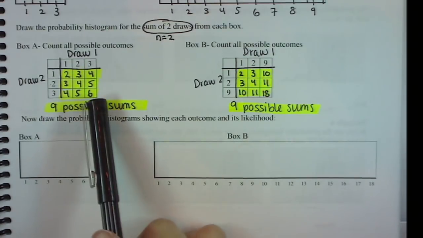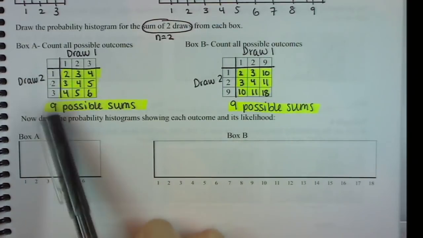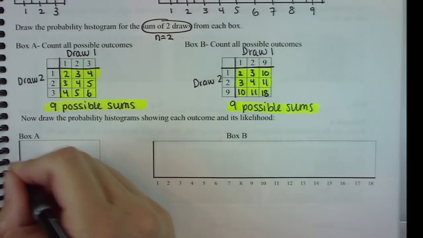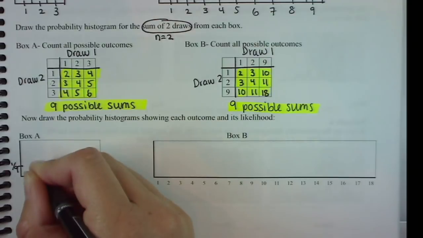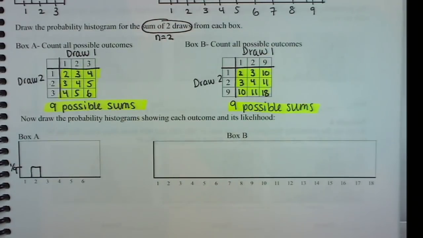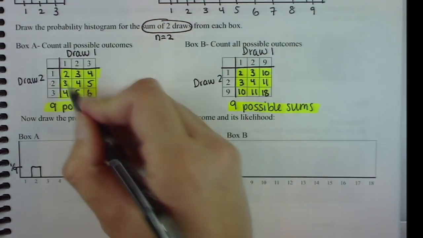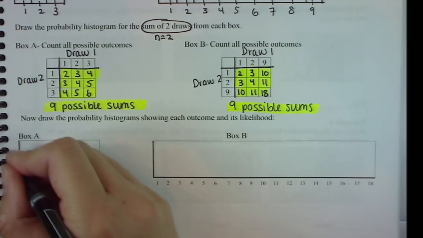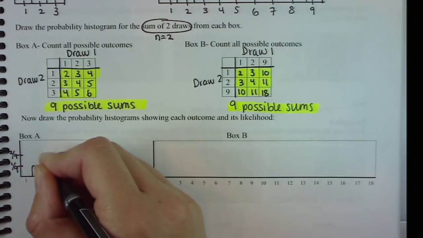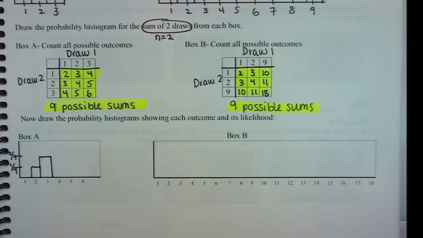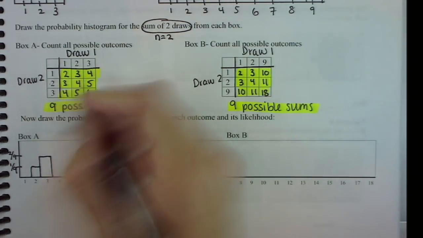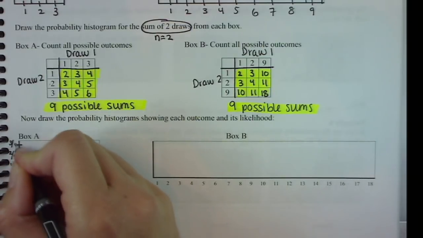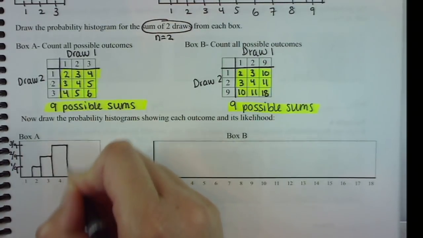So if I was going to draw these, let's do box A first. There are 9 possibilities. There's 1 out of 9 ways to get a sum of 2. There are 2 ways to get a sum of 3, so 2 out of 9. How many 4s are there? 1, 2, 3 ways to get a sum of 4.